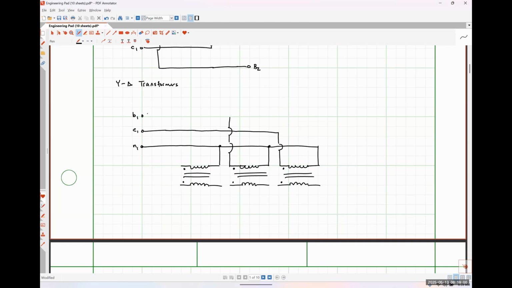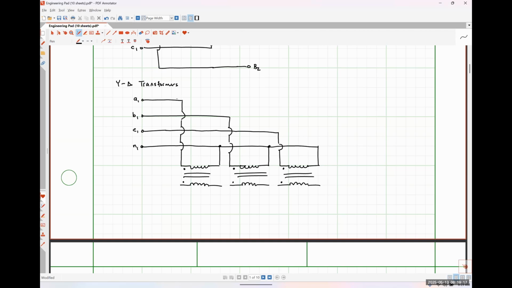This is going to be lowercase b1. And this is going to be lowercase a1, like so.